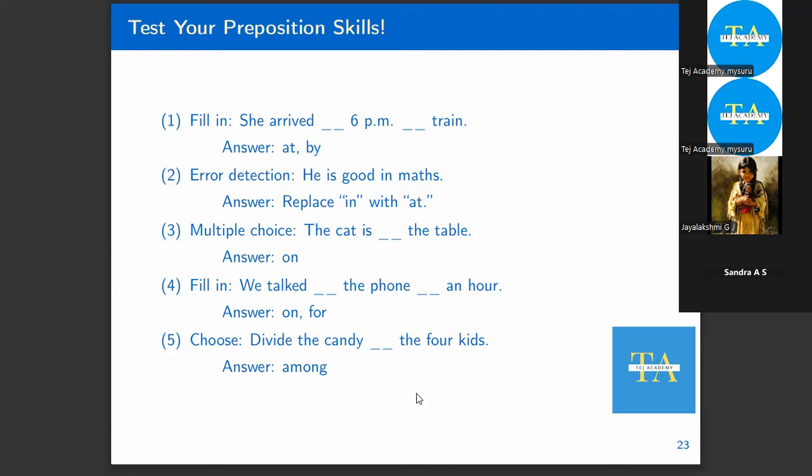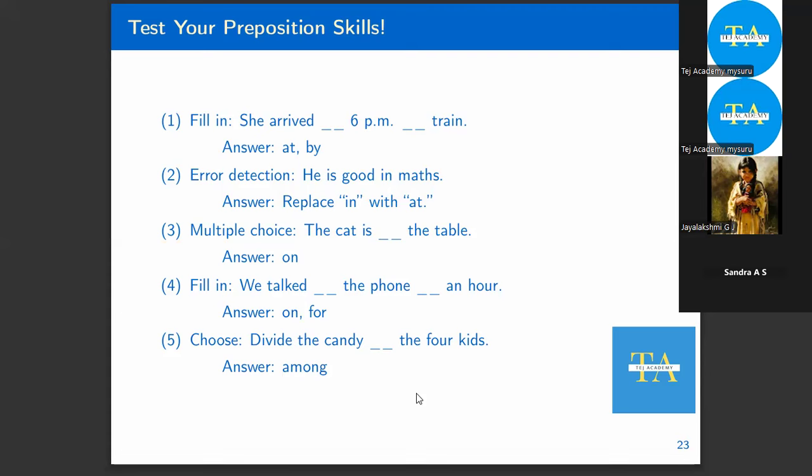And error detection: "He is good in maths." I think in some previous class I told you that while speaking about one's proficiency or skill, we use "at". He is good at maths. She is good at singing, like that.